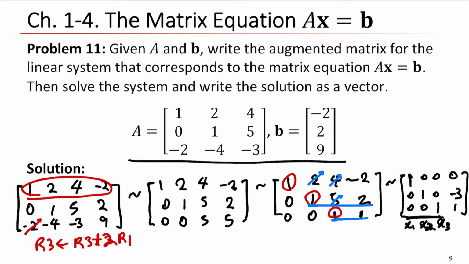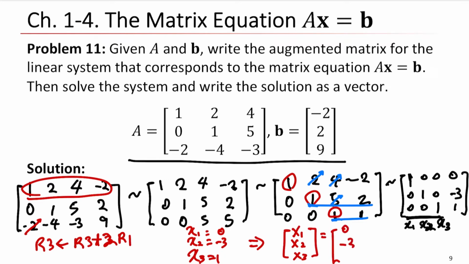So in other words, x3 equals 1, x2 is equal to what? Negative 3. x1 is equal to what? 0, right? So the final solution vector x1, x2, x3 is going to be 0, negative 3, 1.